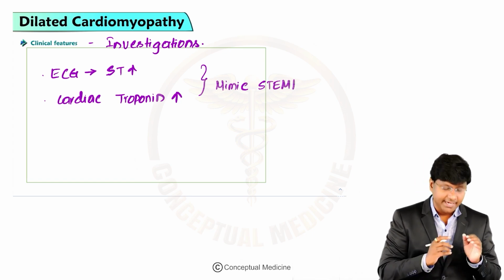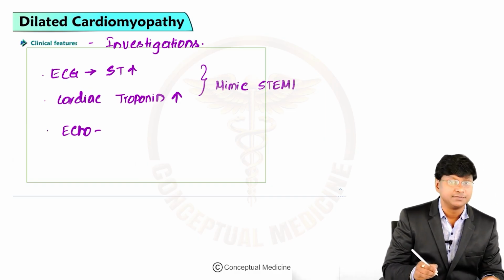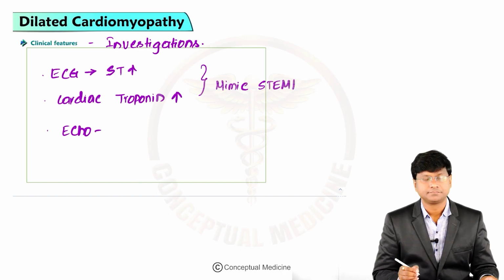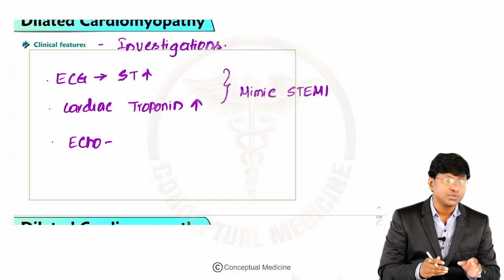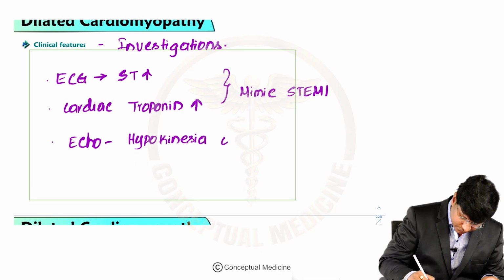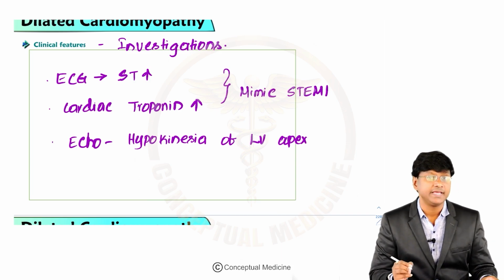Even if you do a 2D echo, as I have already mentioned, the 2D echo shows hypokinesia of the LV apex.